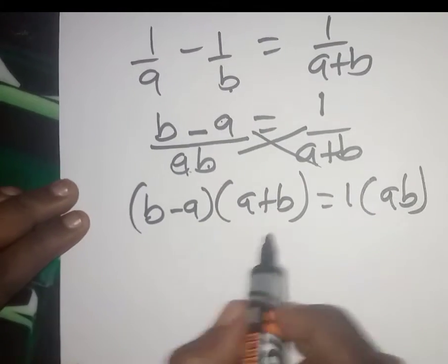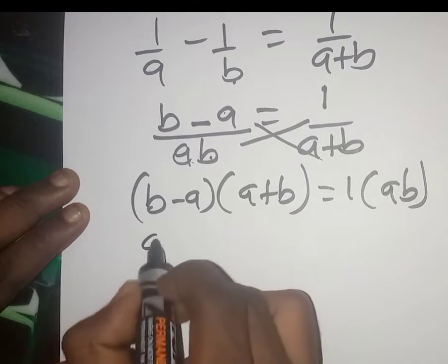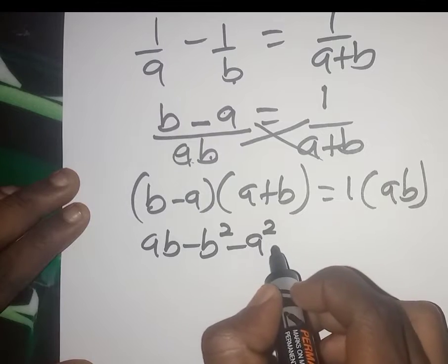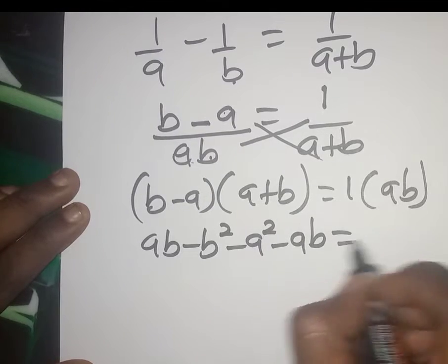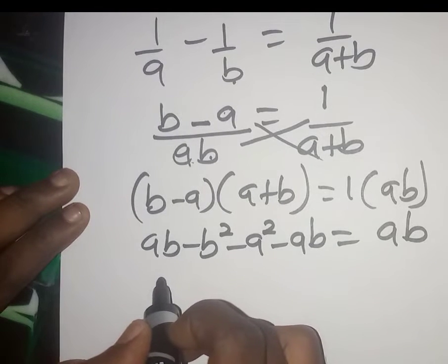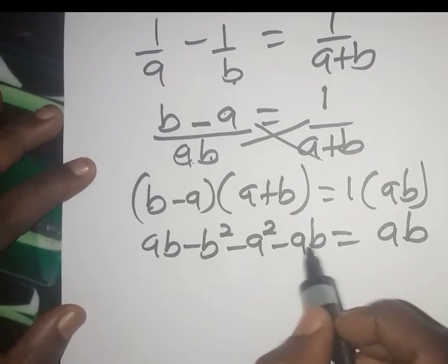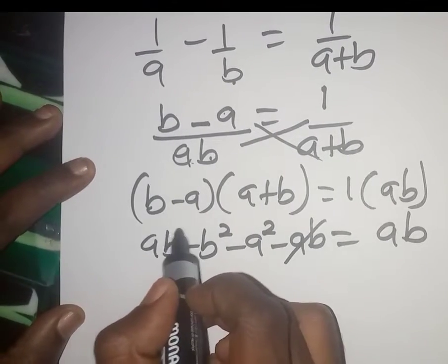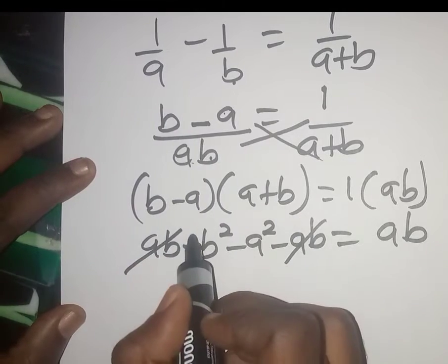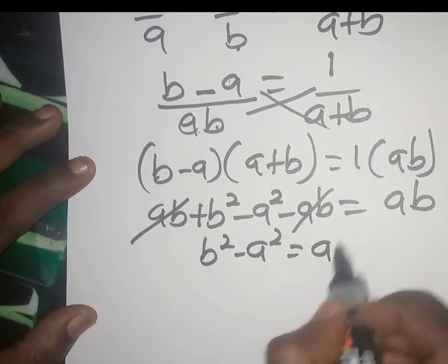And then when we distribute this here, we have ab minus b squared minus a squared minus ab being equal to ab. So from here realize that we have ab, get rid of ab here, and then remember it is this positive, so we have b squared minus a squared being equal to ab.